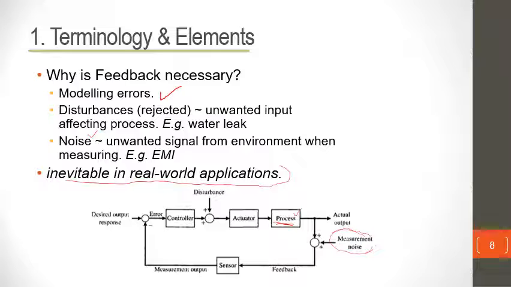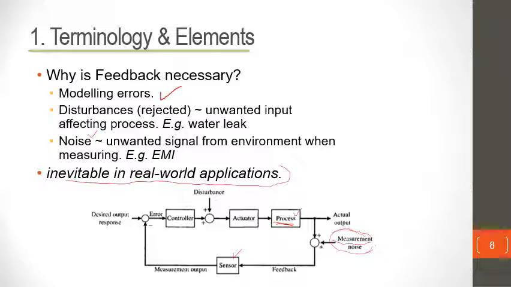Now, another source of discomfort that we want to deal with is measurement noise. So basically, for measurement noise, when you have your sensor, in the previous example of our audio system where we are tuning the radio, the noise would be the unwanted signal that we pick up from our radio.